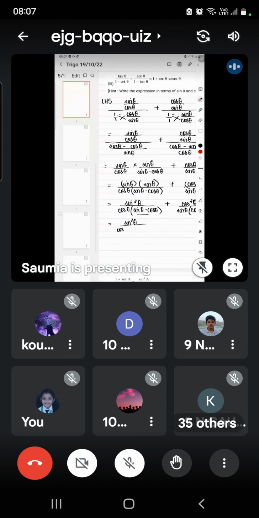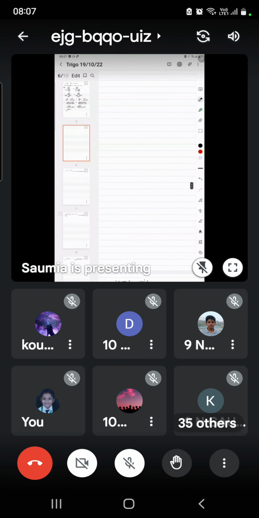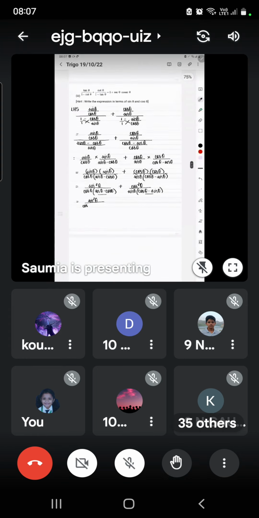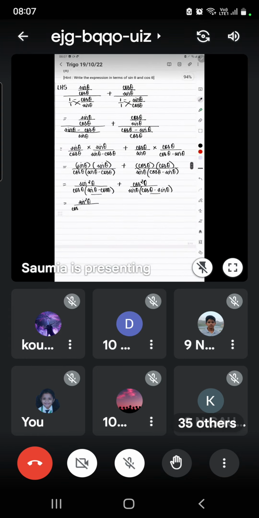If I take this minus sign common like this, I'll keep this one the same. Now see what I'm doing. It's all about how you observe things. Take minus sign common. Now if I take minus sign common, my cos theta will become negative and my sin theta will become positive.